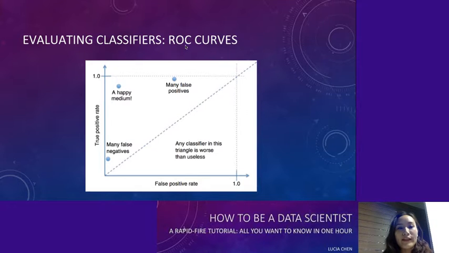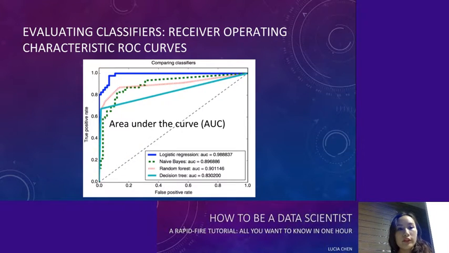Okay, so for the ROC curve, you can see that if you plot all your models as a curve, the best model should be at the upper left corner. Any classifier that falls into this triangle is basically useless.